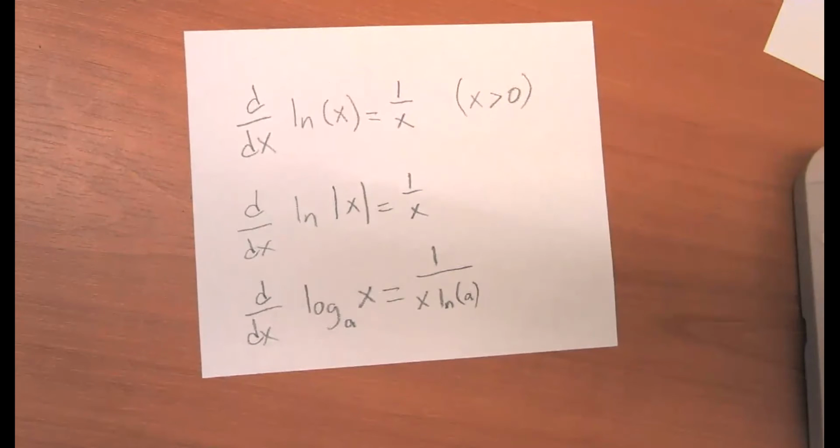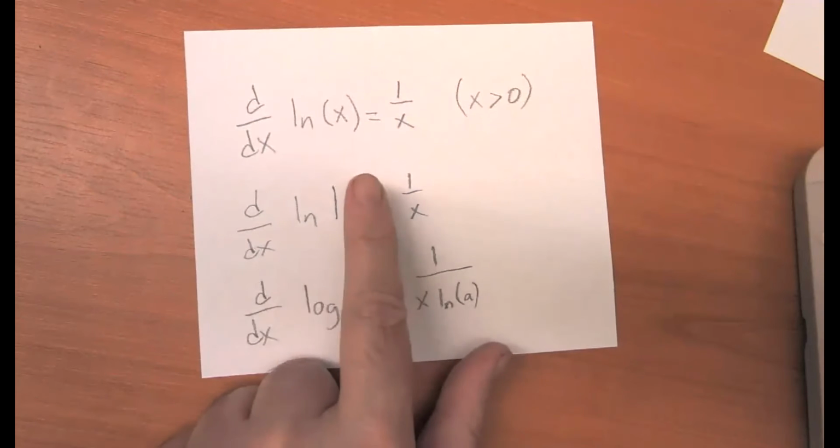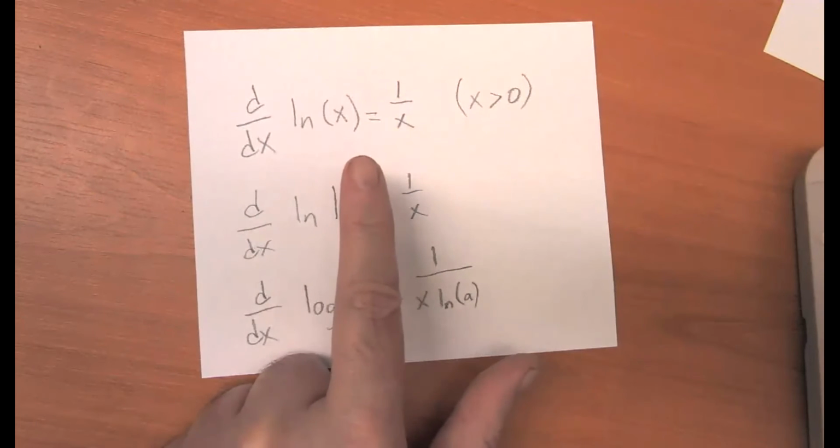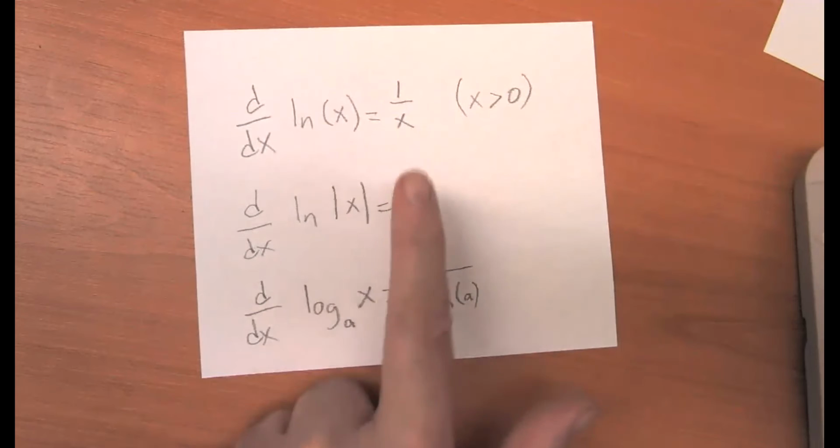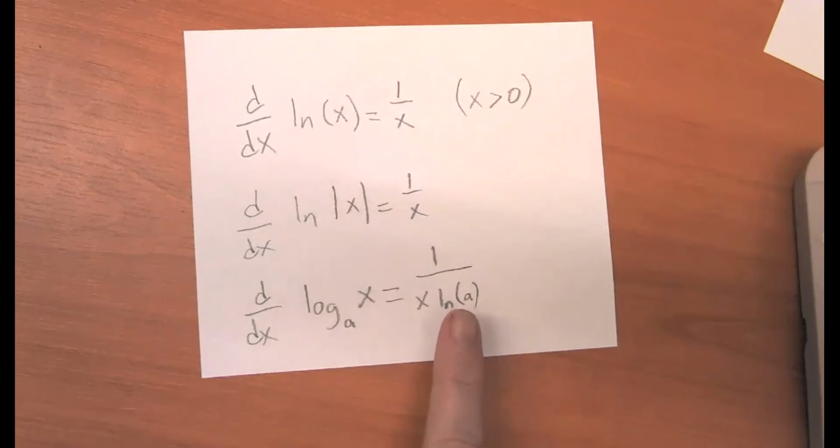Just like we did with the exponential, the expression is 1/x, but then there is a scaling factor of the natural logarithm of a in the denominator that changes it, which once again makes the natural logarithm, it's well named. It is the most natural of logarithms because it's the one that doesn't have this extra scaling factor in it.